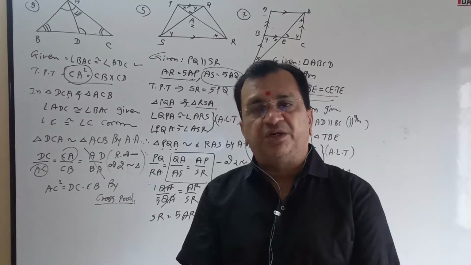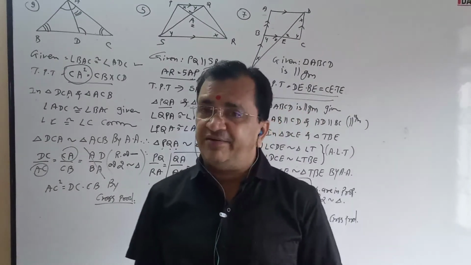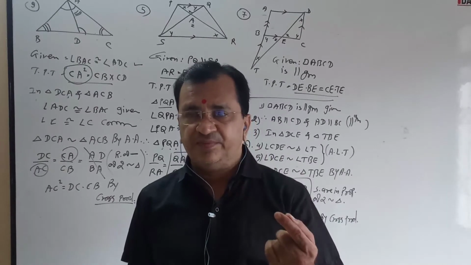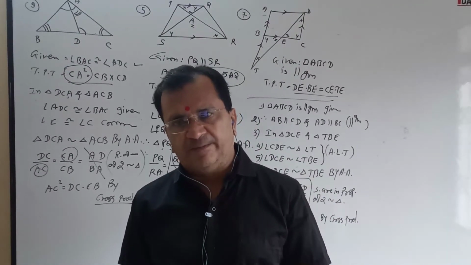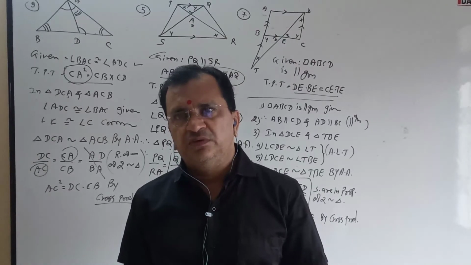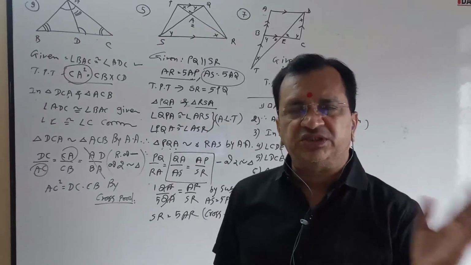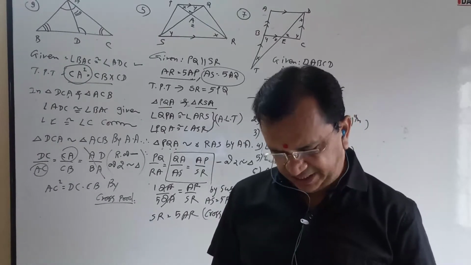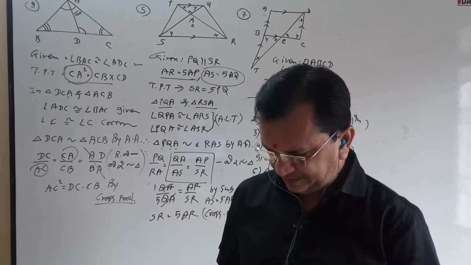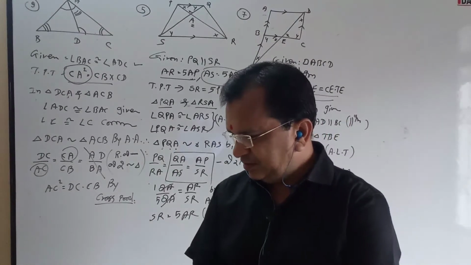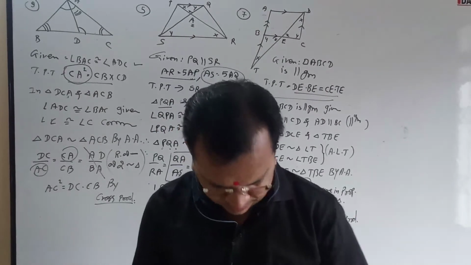Then page number 23, very important, that I have explained in a different way. The ratio of areas of two triangles is equal to the square of the ratio of the respective sides. On that basis only, 1.4 is given.